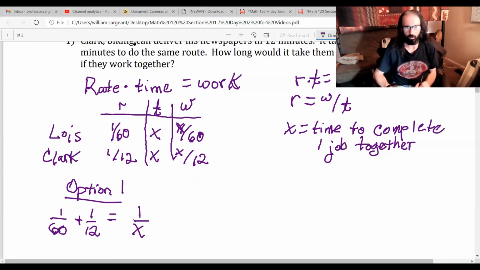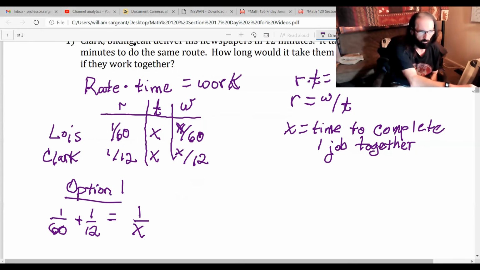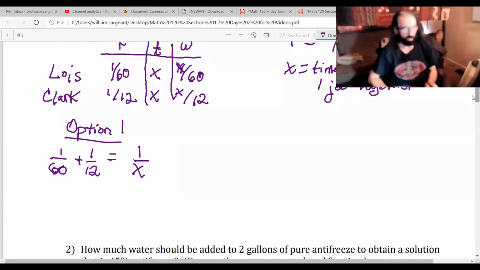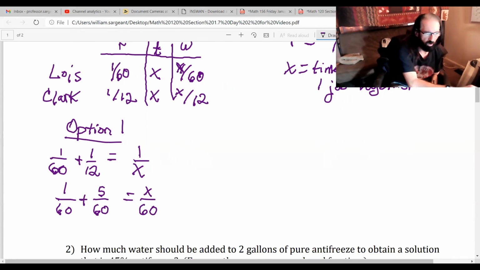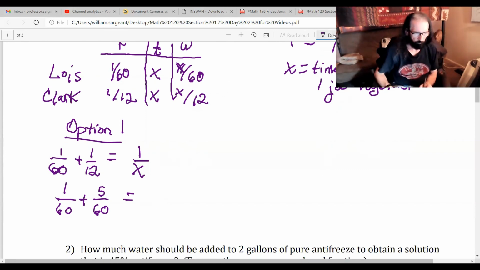And if it takes them X minutes to get one whole job done, then their rate would be 1 over X. And I could get a common denominator of 60 because the 12 already goes into 60. Multiply top and bottom of that second by 5. That's going to add up to 6 over 60, and that should equal 1 over X on the right side.